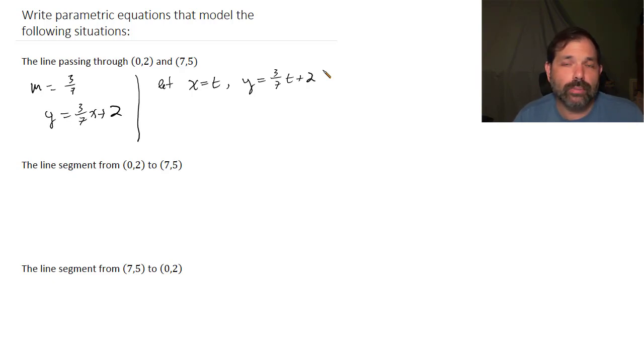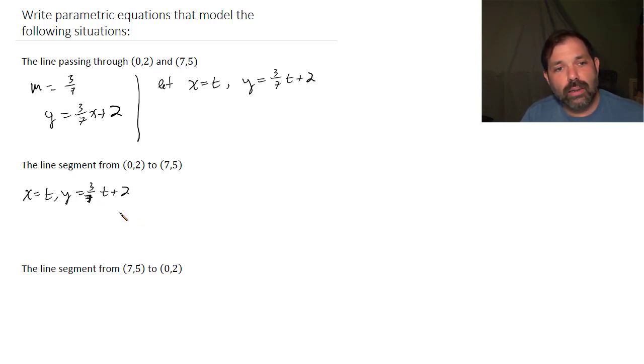It's not the only way. In fact, a more preferred way is what I'll show in the next example. Suppose we wanted to find not the line, but the line segment. Well, I could start the same. If x is t and y is 3/7 t plus 2, that gives me the entire line.